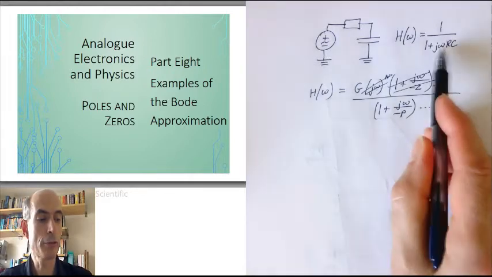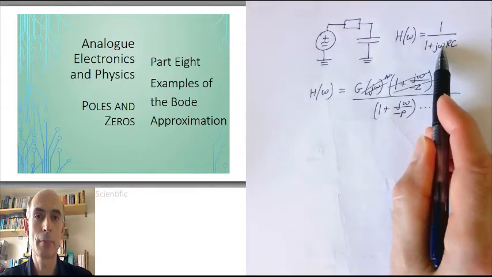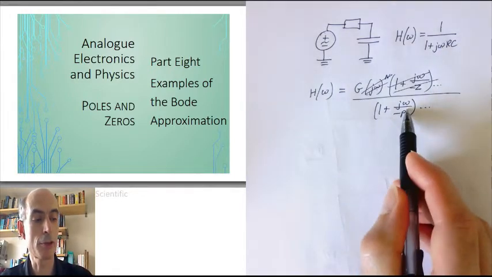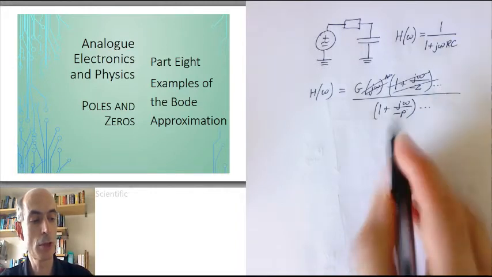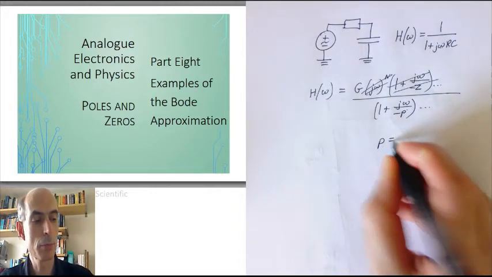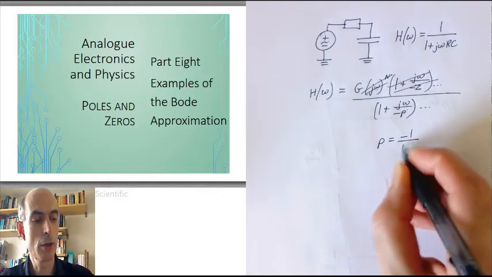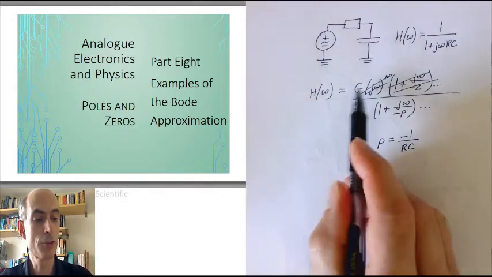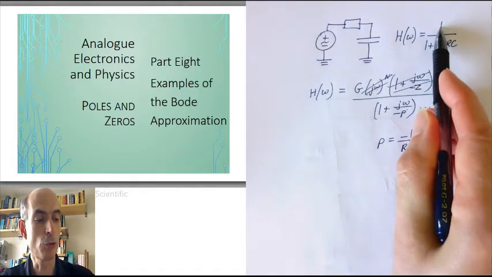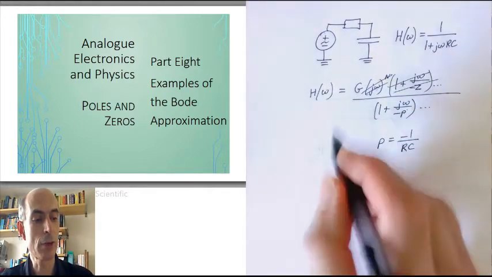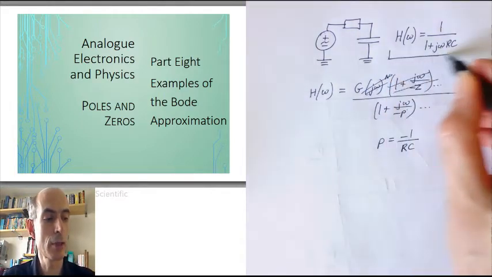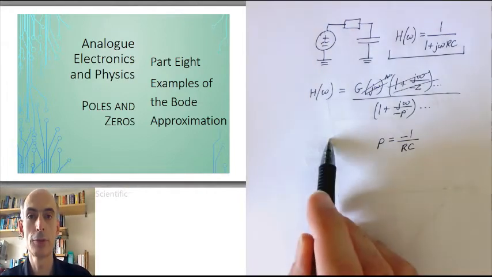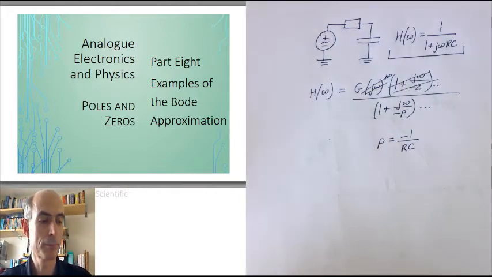We do have a pole, however, and by comparing this term with this term, we can see that our pole, P, must be minus 1 over RC. Then all that remains is to note that G is just equal to 1, and we can get our expression here into our standard form. Right.